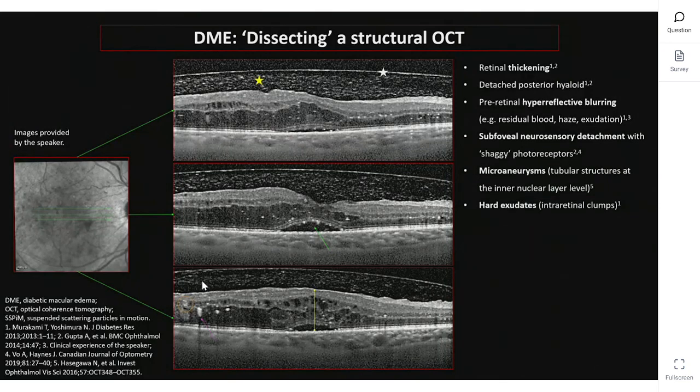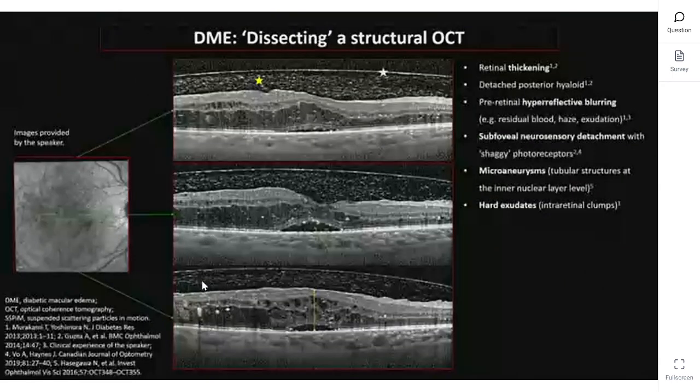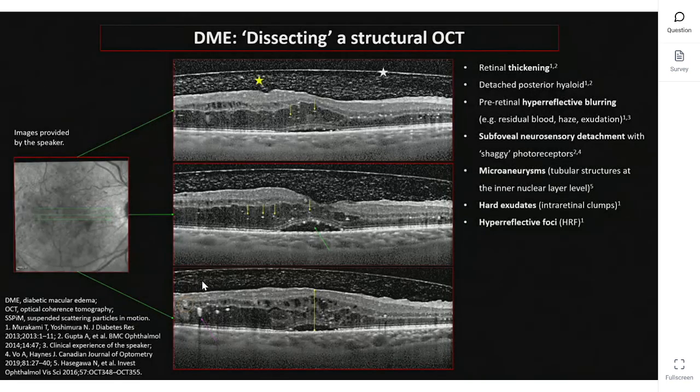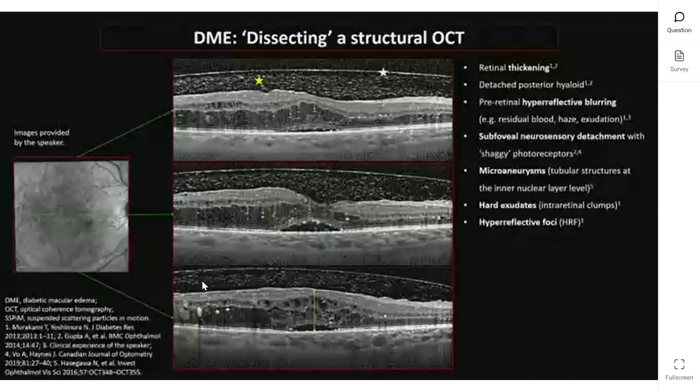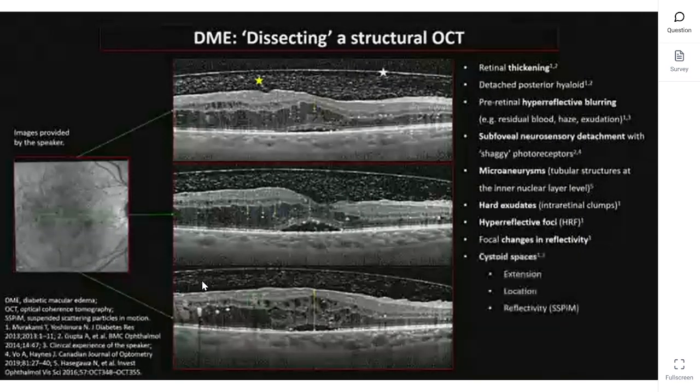And then you have hard exudates, as you can see on these multiple scans, particularly I have pointed out with a purple arrow at the bottom scan. And then you have hyperreflective dots, which are shown as yellow in the middle in almost all the scans. We are going to talk more in detail about these important biomarkers. Then you have focal changes in the reflectivity. Then you have cystoid spaces.